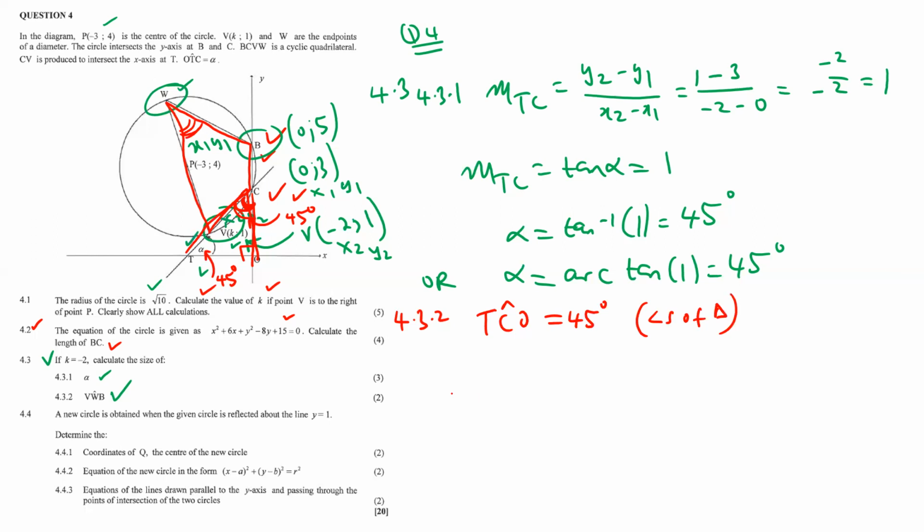If TCO is 45 degrees, then you can see that this is an exterior angle of a cyclic quad equal to the interior opposite angle. So VWB is equal to 45 degrees.